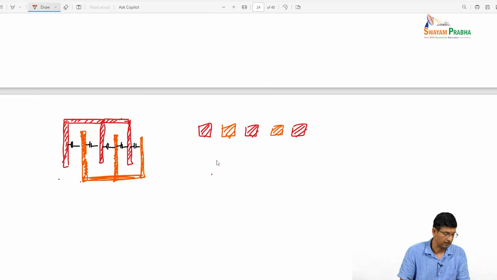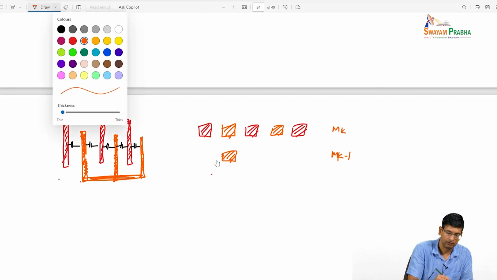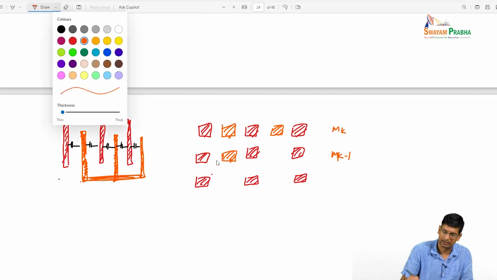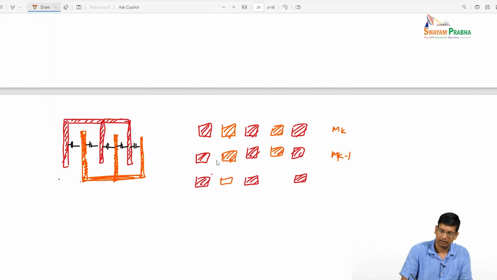And then in the next layer again, so this is Mk, this is Mk minus 1. I can basically do this again, right? So you get the picture that by using many metal layers, I can create parallel capacitances effectively.